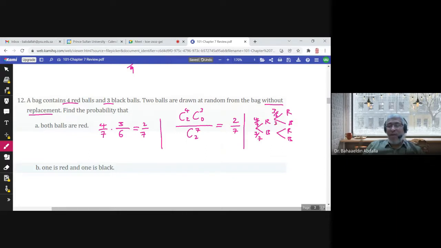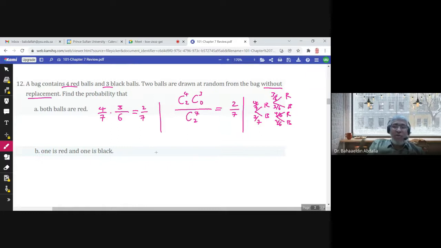And how many black are there? 3 over 6. While here, red, I have 4 red of 6 and 2 out of 6 black, because there were 3 black balls. The first ball was black, so the second being black, I have only 2 black balls and 4 red balls left. So to have both red, so RR, I multiply 4 over 7 times 3 over 6, and that would be the answer. So you have 3 ways to solve the problem.